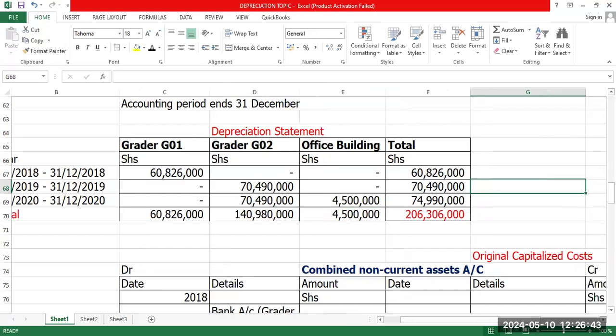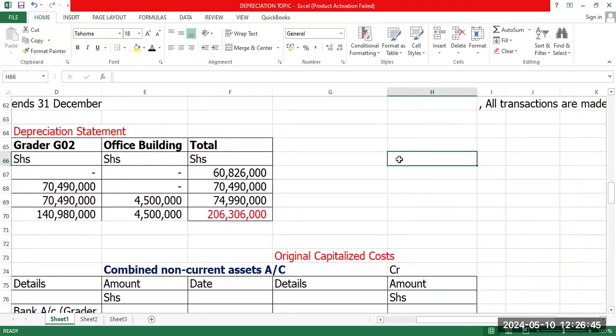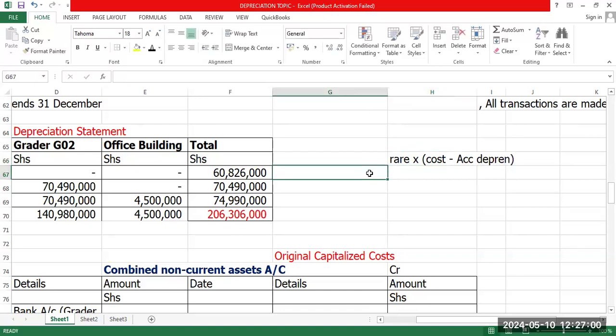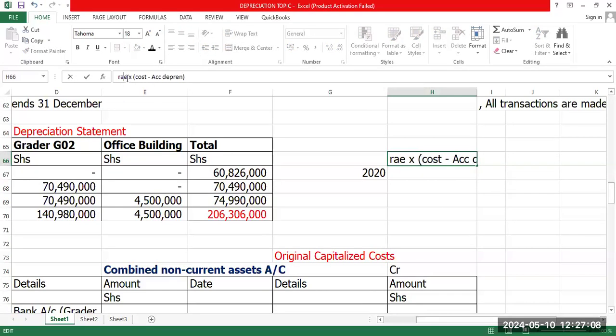If you're using reducing balance, you get rate times cost minus accumulated depreciation. But remember, you're dealing with 2020. What is the rate? The rate is 5%.